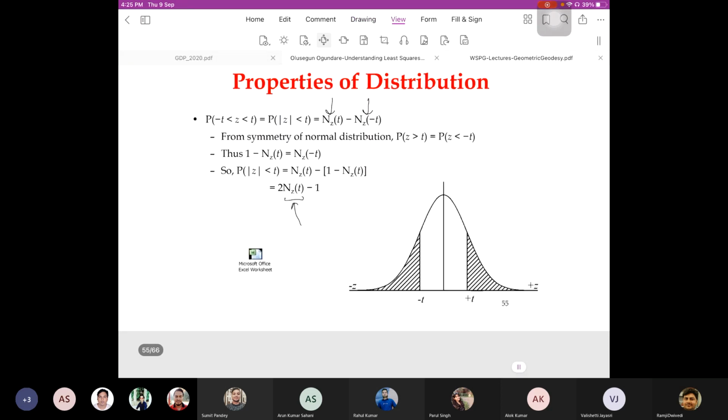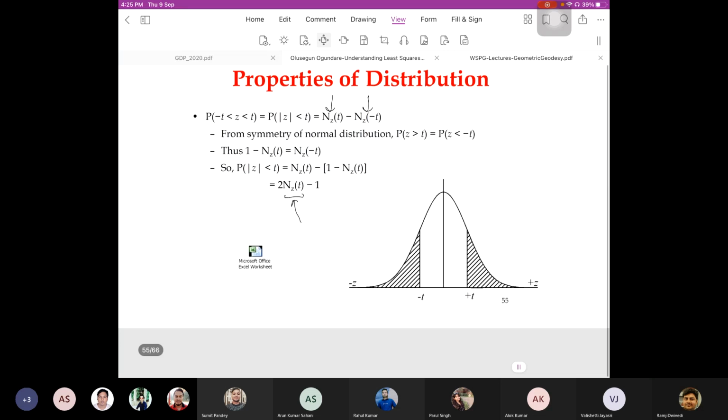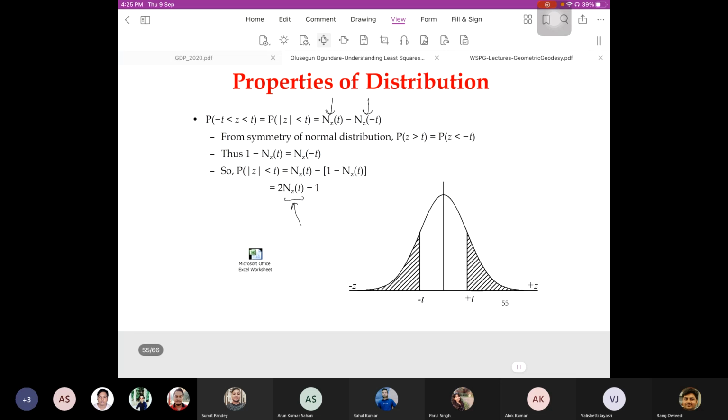Then the properties of the distribution. How do you write the probability of z from minus t to t? Obviously, t is nothing but a value you can see from the table. The probability of mod z less than t, how do you write minus t to t in terms of your basic function? That becomes Phi(t) minus Phi(minus t).